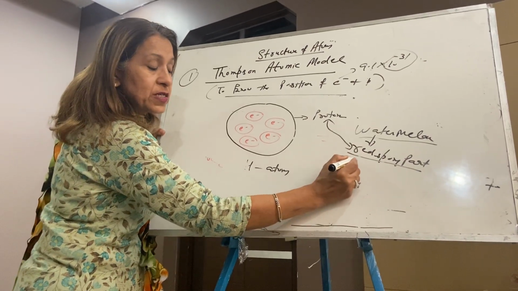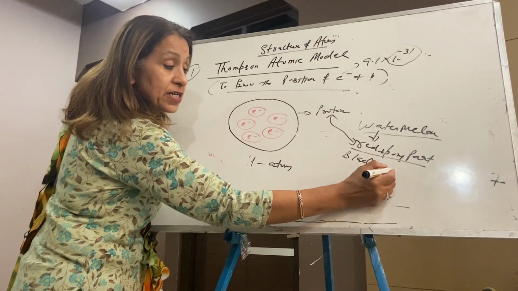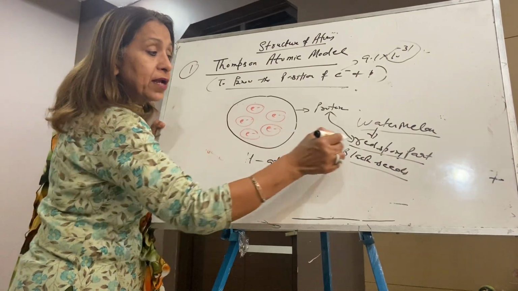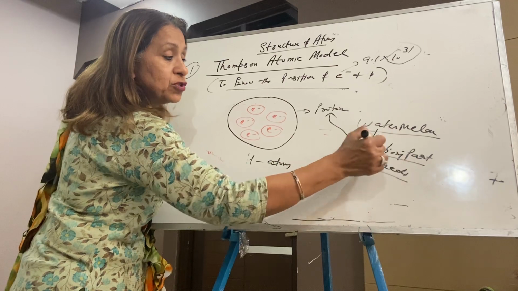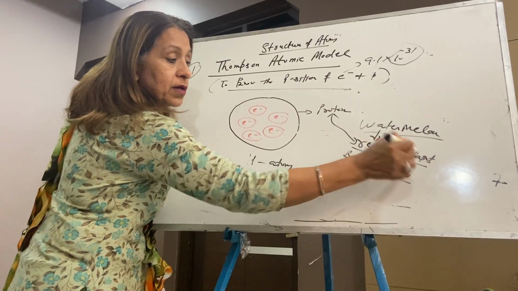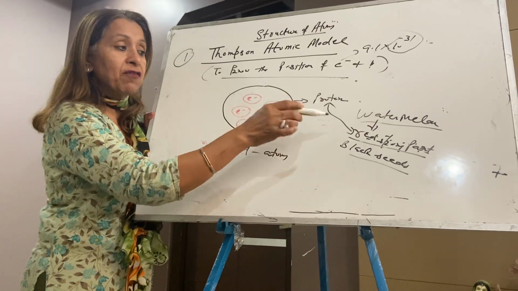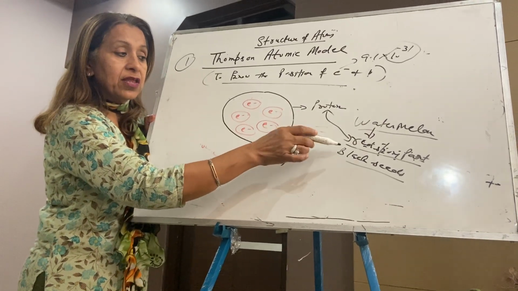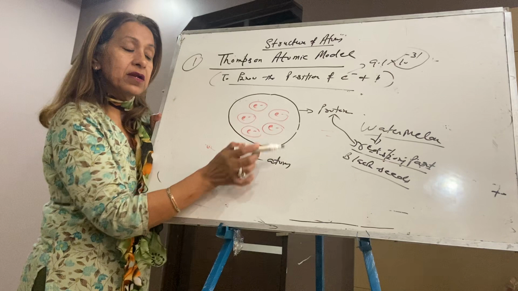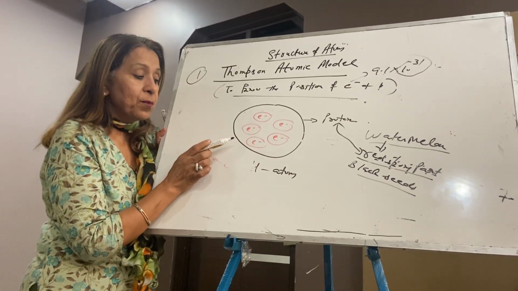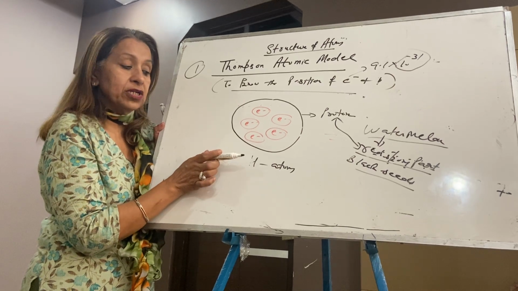And where are the black seeds? Black seeds' weight is negligible. The black seeds of the watermelon are embedded within this red spongy part. Same as the black seeds embedded in the red spongy part, the same happens in the case of this proton, that is the hydrogen atom.